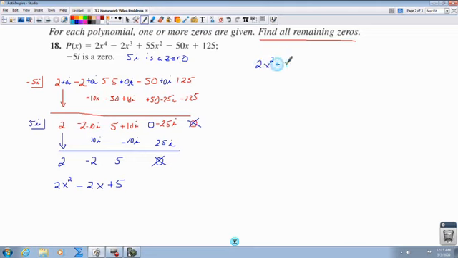Your choices are, you could try to factor, or you could try to use the quadratic formula. I'm just going to go ahead and go to the quadratic formula here, because it solves everything. I'm going to set it up.